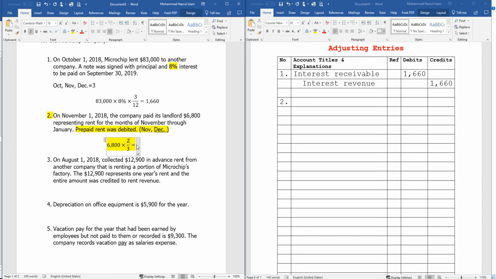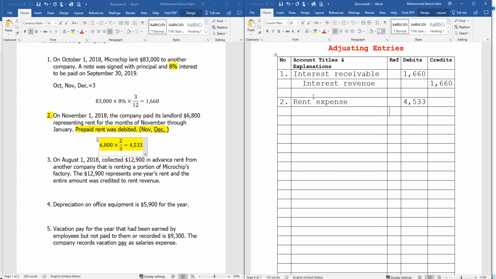So the amount would be 4,533. So now interest expense 4,533, and this is going to be prepaid rent. Okay, 4,533.